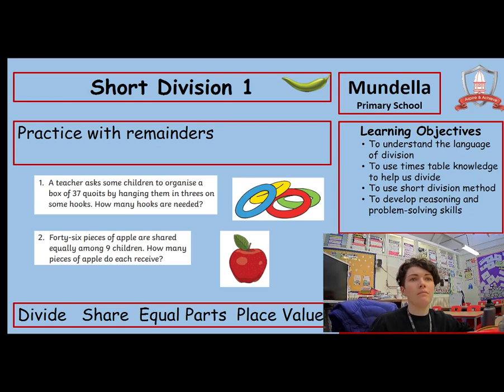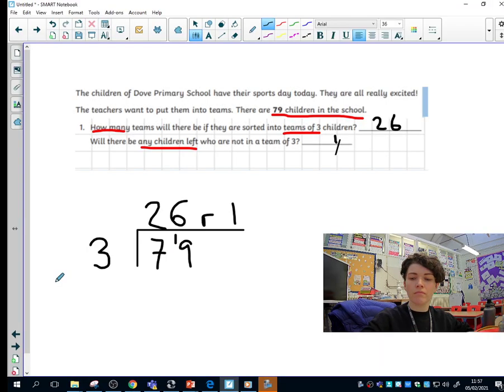Right, so here you have your own questions to answer. This is your chance to practice using remainders. Okay, so you need to read the question carefully and think, how have we got a remainder? How could we interpret that remainder?